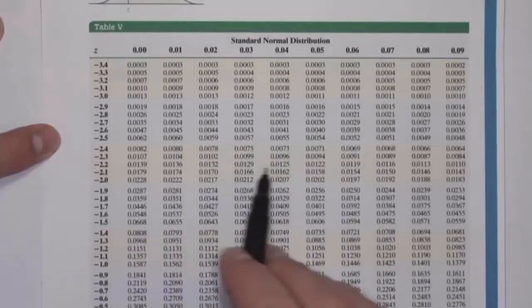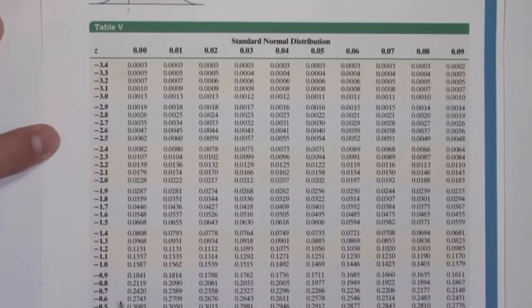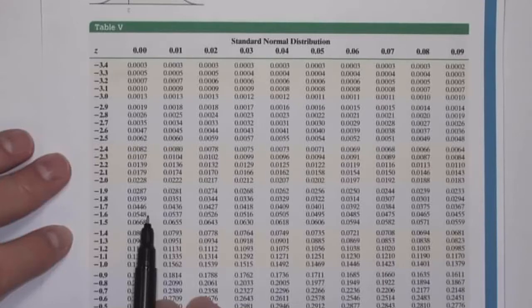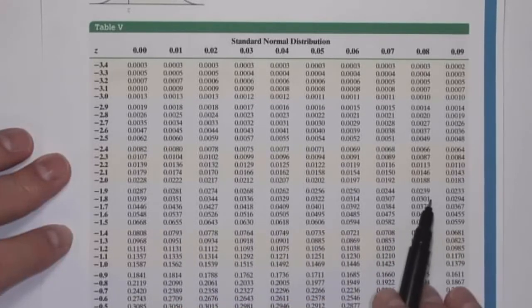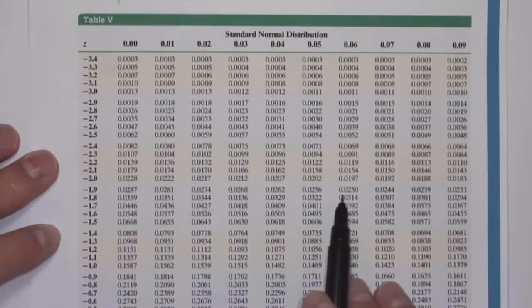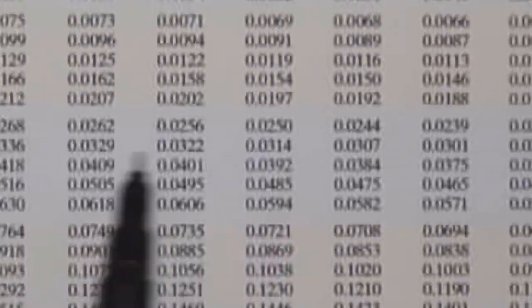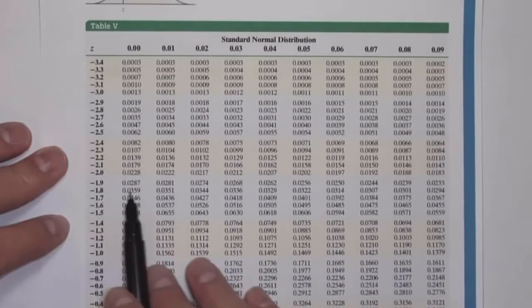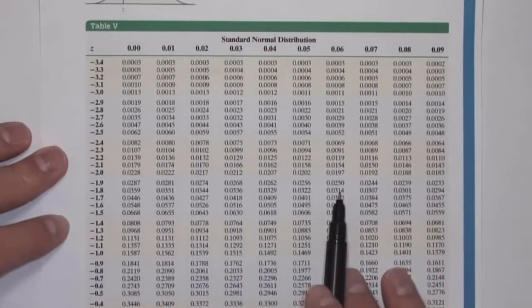So looking in the table, this time I've gone to the negative side, and I am looking for 0.0250, or the closest thing that we have to it. So looking through the table, here we have 0.0250, and that matches up with negative 1.96.